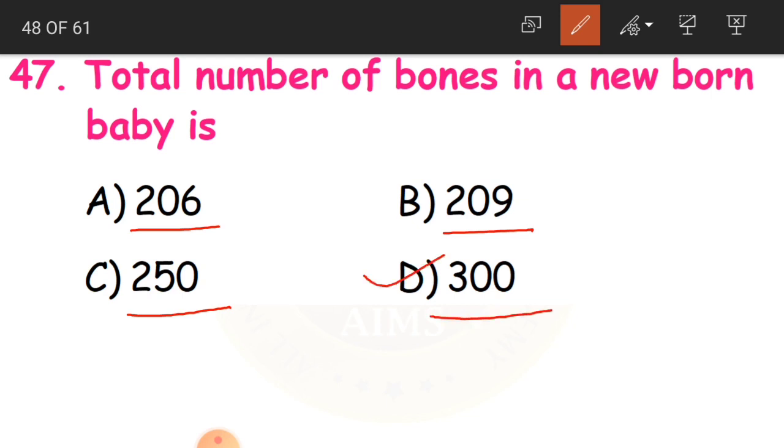For a newborn baby, it is 300. For adults, it is 206. Adults in the sense of grown-ups. So, as the baby grows, what happens? Some bones grow together, so that is why the number decreases. Clear? And for a newborn baby, it is 300.